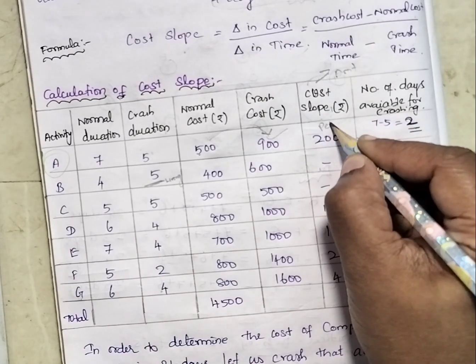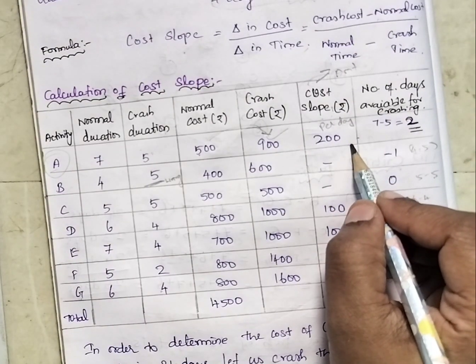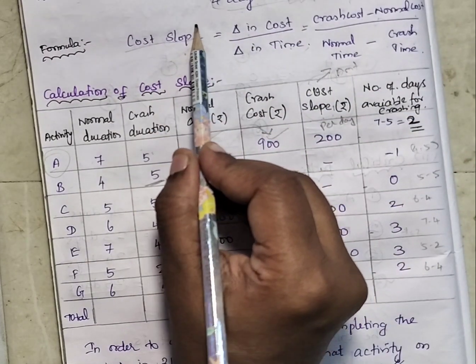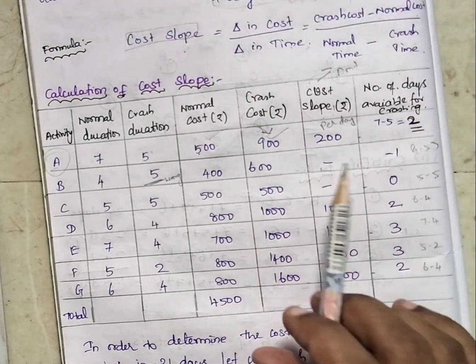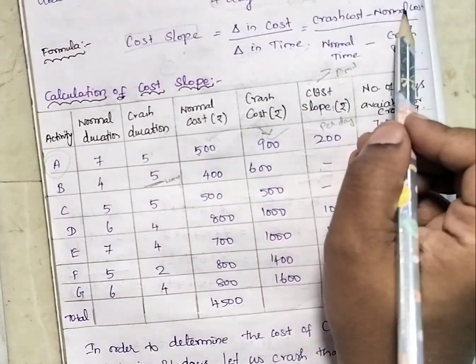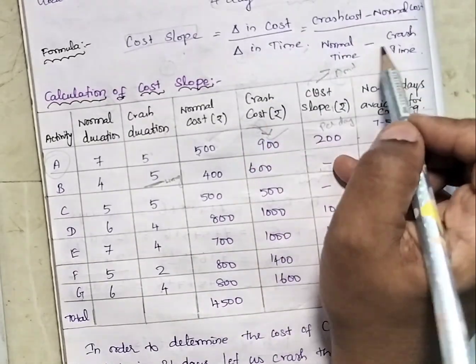For that, this is the formula: the change in cost, the difference in cost, divided by the difference in time.